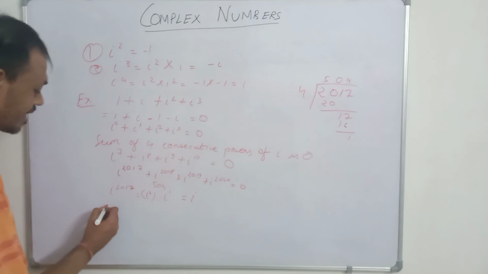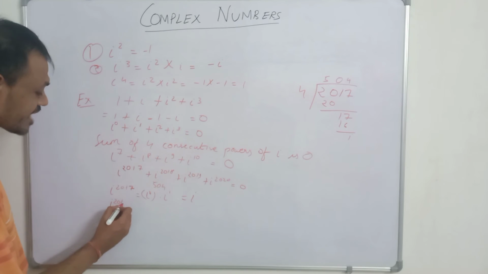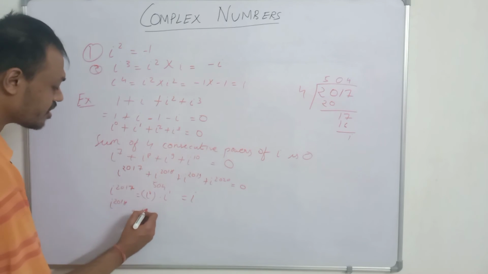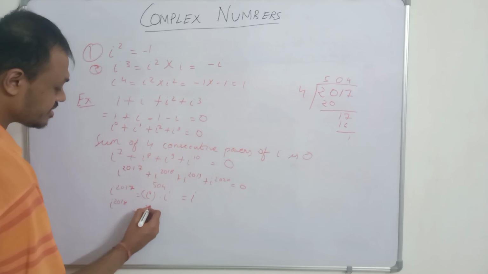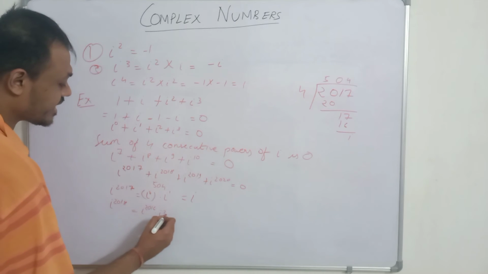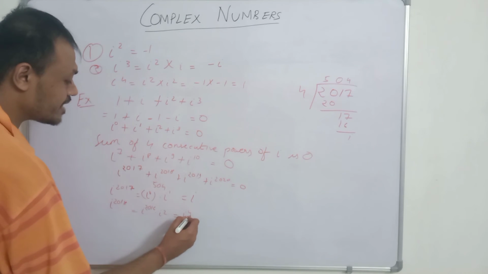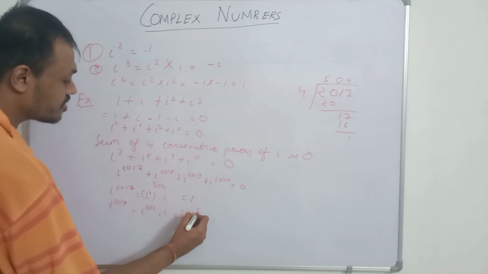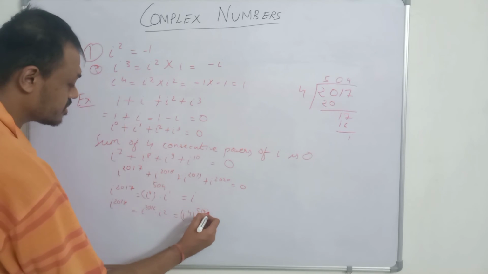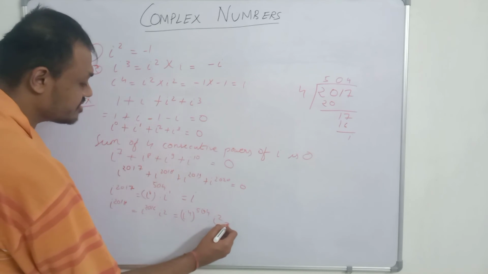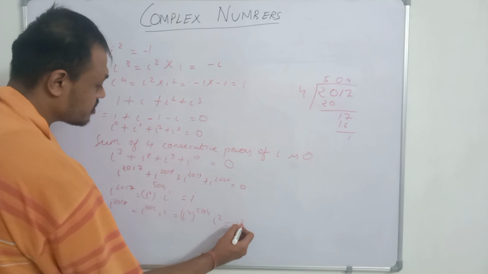Now iota to the power 2018 similarly can be represented as iota to the power 2016 dot iota square, and iota to the power 2016 is iota to the power 4 to the power 504 dot iota square. So this will be equal to iota square.